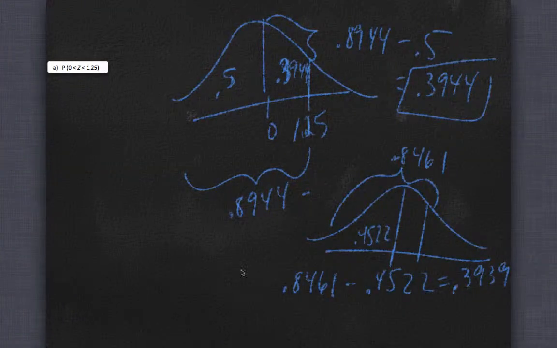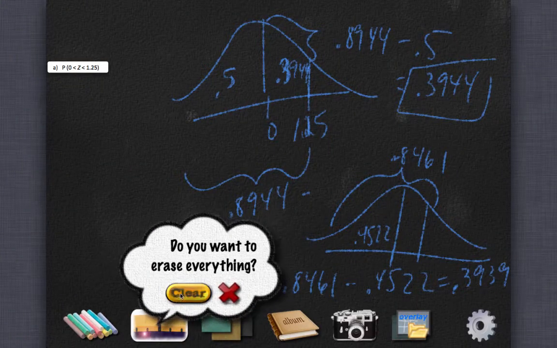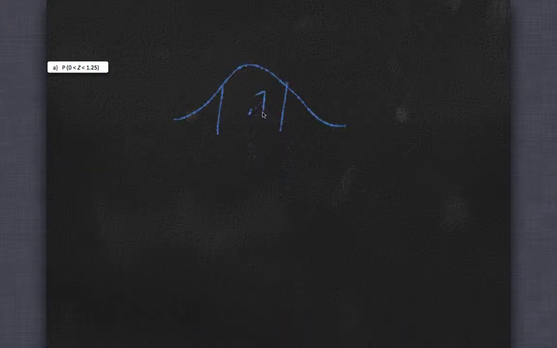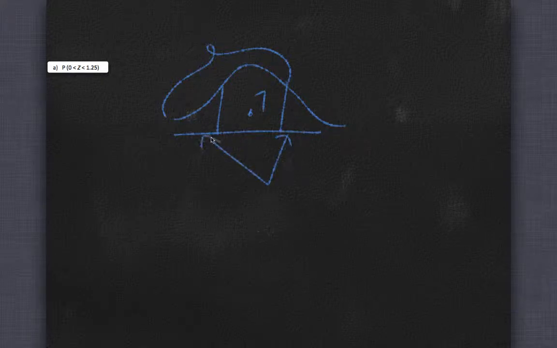So let me draw that. Okay, so the middle 70% is like that. So the question is, what is this, right? Well, there's 0.3 total between these two, because the whole thing adds up to 1, that means there's 0.15 over here.